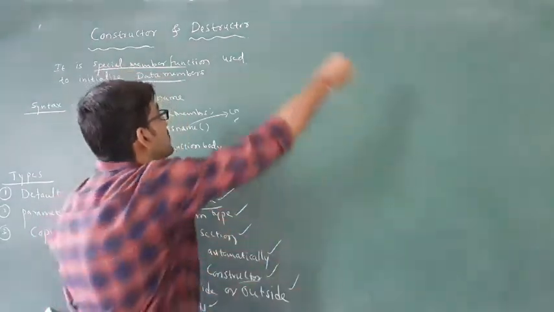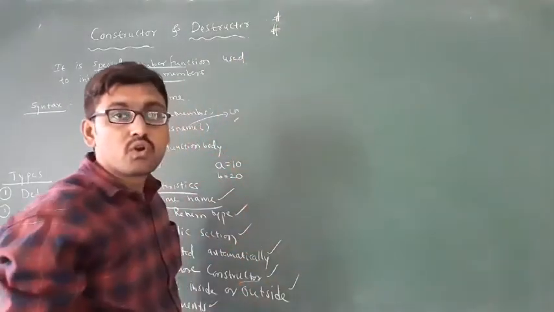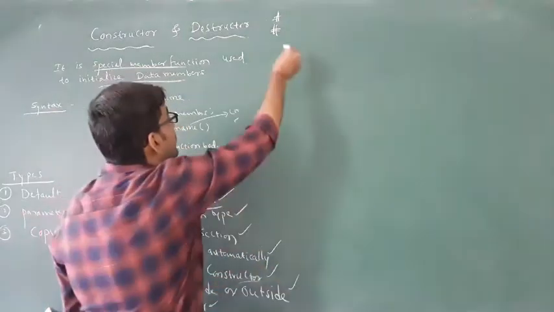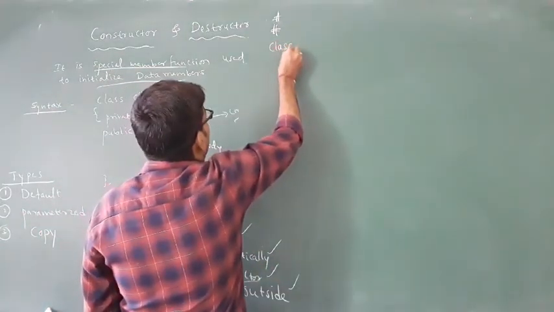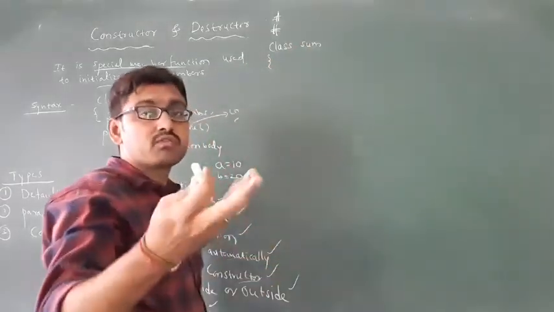See, you know, #include <iostream.h>, #include <conio.h>. This is programming, you know this. Then take one class name; I am taking Sum. You can take your own name also, no problem.